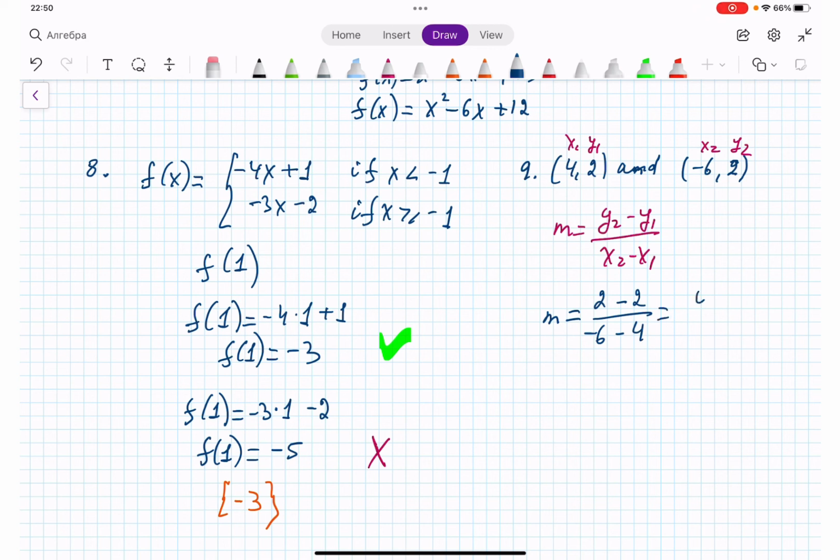So we are getting 0 over negative 10, which is going to be 0, which means a horizontal line. Okay, and the rest I will record in the second half of this video.